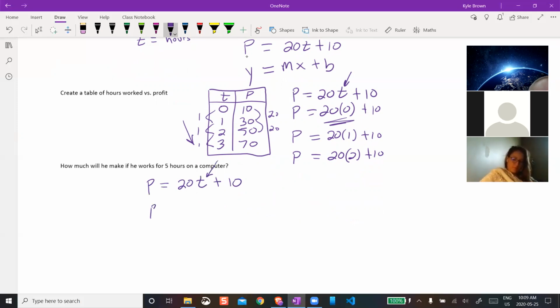So P is equal to 20 times 5 plus 10. 20 times 5 is 100 plus 10. So your profit there would be $110.